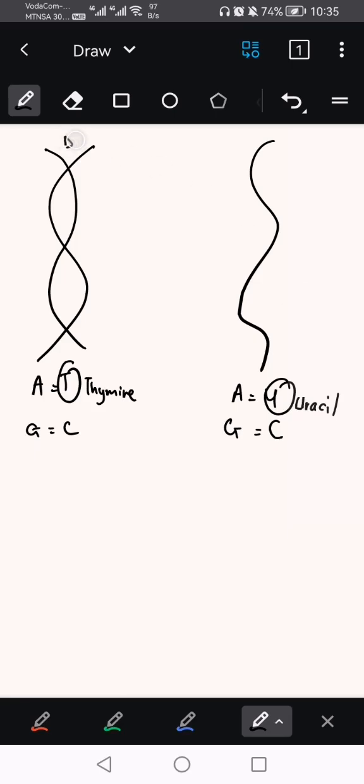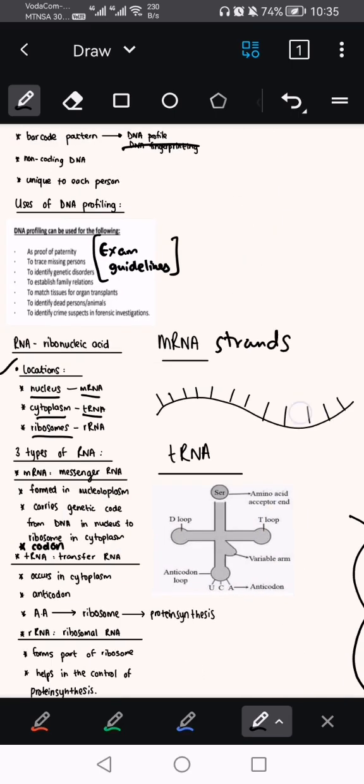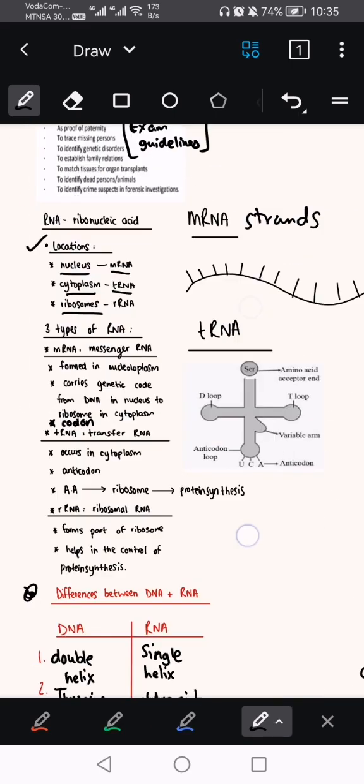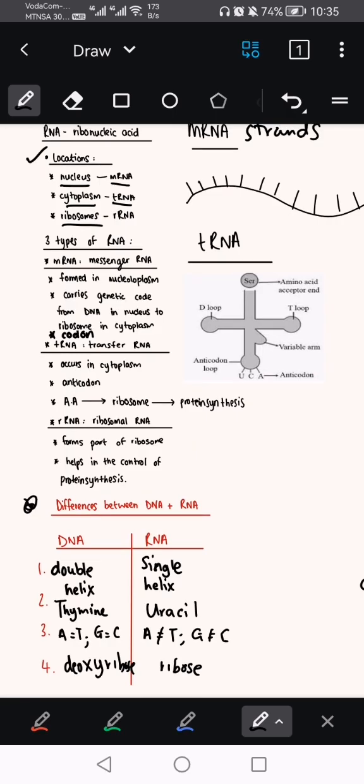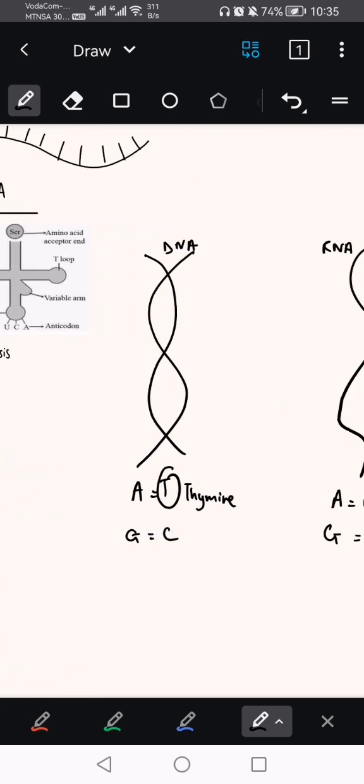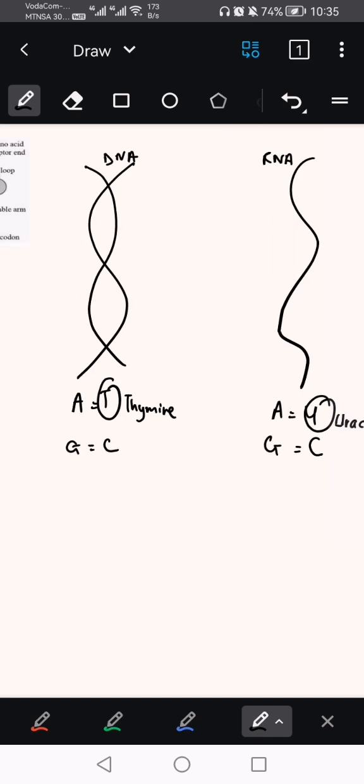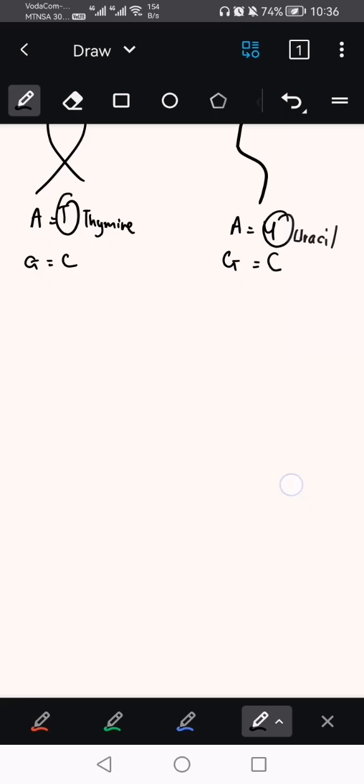Please, let's understand the difference. One is double helix, one is single stranded, one has T, one has U. And obviously the U and the C here are called pyrimidines, and the A and the G are purines. T and C are pyrimidines, A and G are purines. That is important to note.